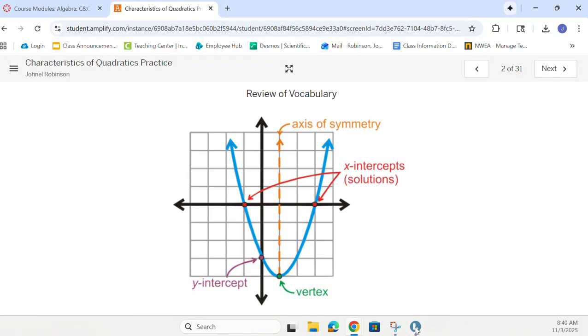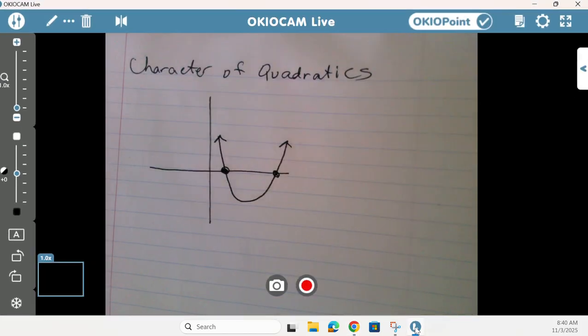So I'm going to put character of quadratics here. And note, there was a quadratic, a parabola drawn, where it crosses the x-axis.